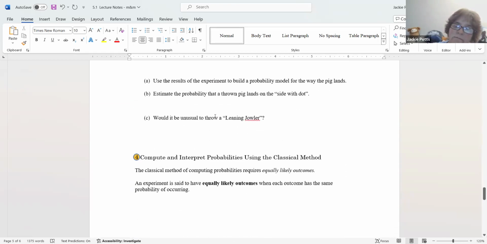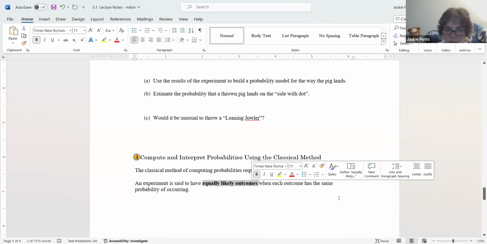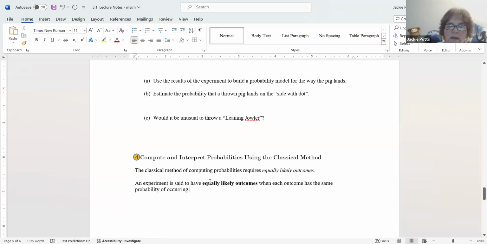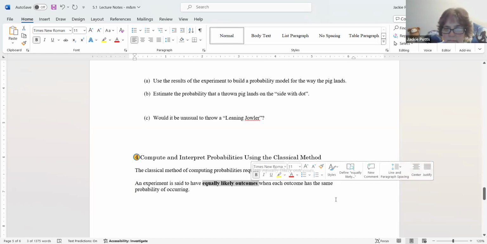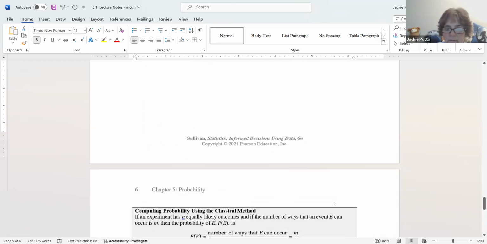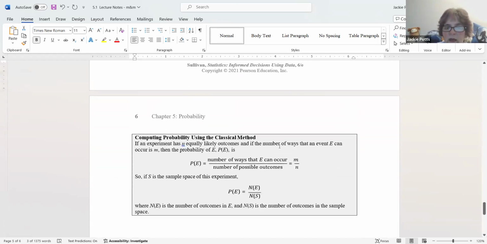The next one is the classical method: equally likely outcomes. Think of your dice. Again, the number of ways an event can occur over the possible outcomes.